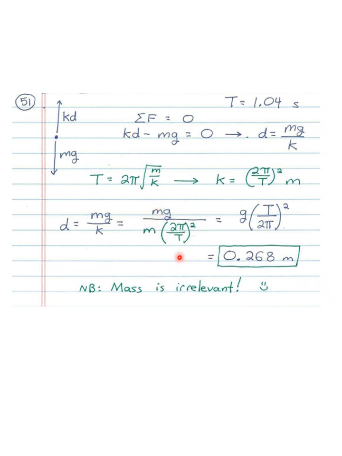And if we're dividing by the square of 2 pi over T, let's call that multiplication by the square of T over 2 pi. So here we have that d comes out to be g times the square of T over 2 pi. And we can just plug in all those values. Because we know T, of course we know g, and so we get that d is 0.268 meters. By the way, notice that mass is irrelevant.